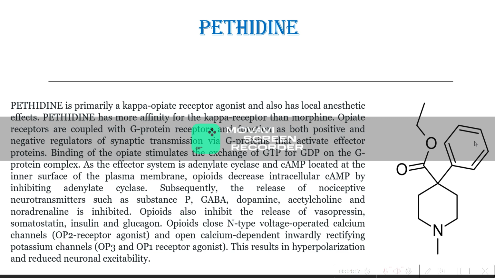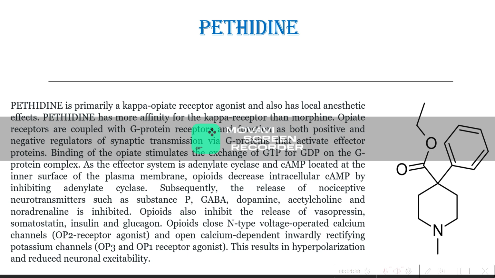Next is pethidine. It is also an opiate analgesic, another derivative of the opioid, and this is the structure. Pethidine is mainly a kappa opioid receptor agonist and also has local anesthetic effects.